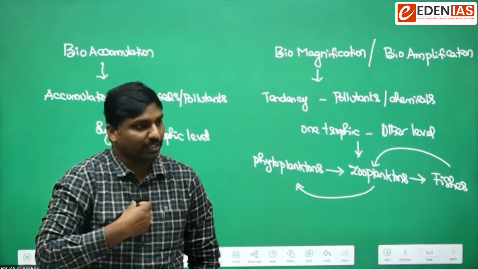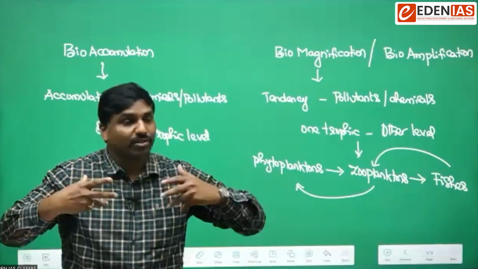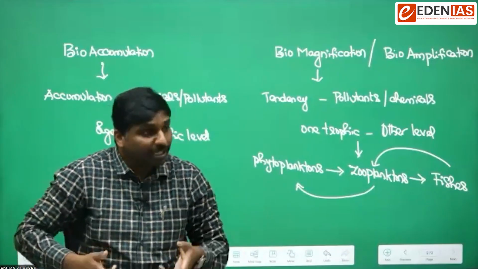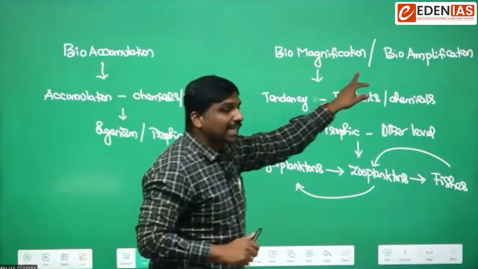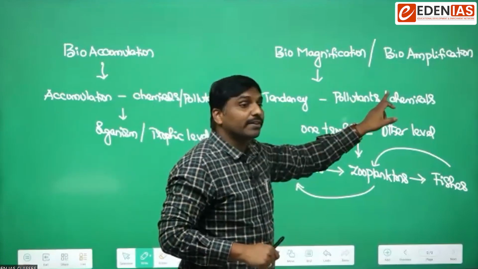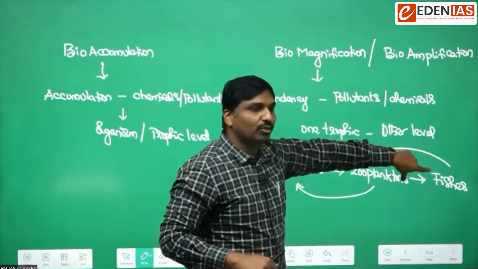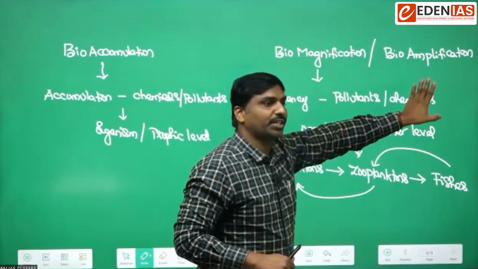For example, if you are speaking into the mic, obviously the voice is getting enhanced and amplified, and we are getting it louder. That means a tendency of increase in the output. So here also, what is happening? The chemical concentration is getting amplified when we move from one trophic level to another. So this process is known as bioamplification.